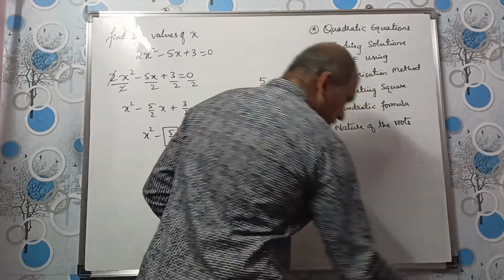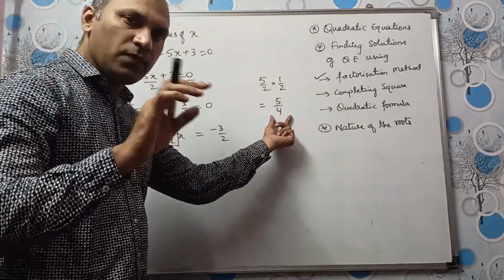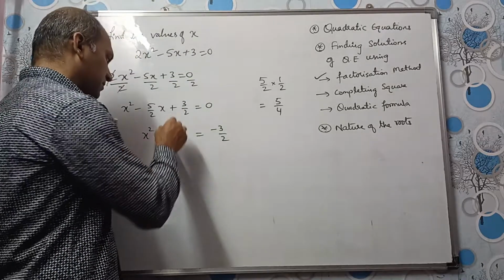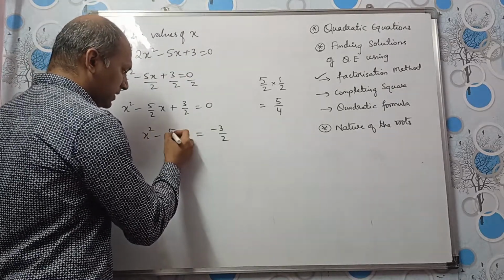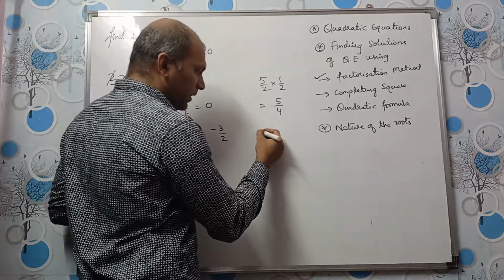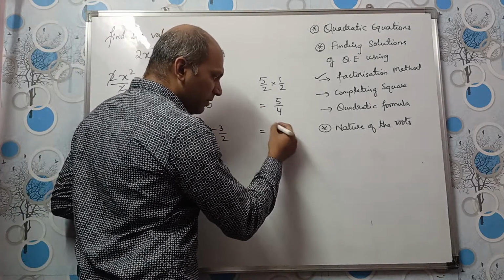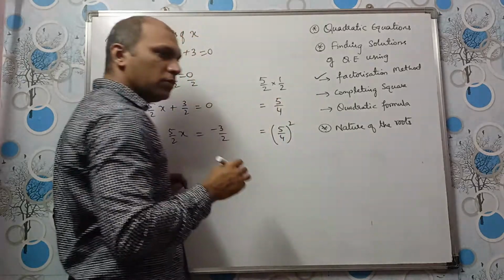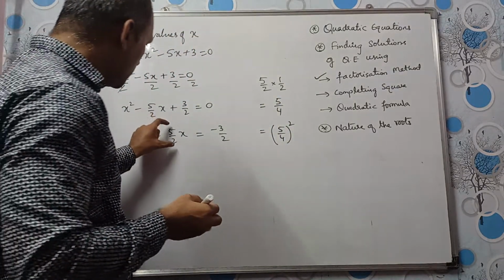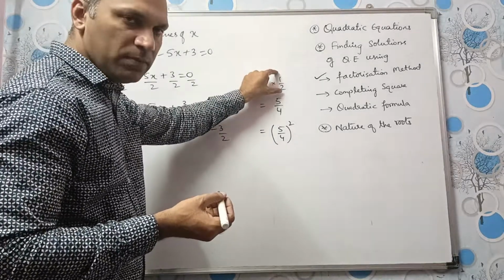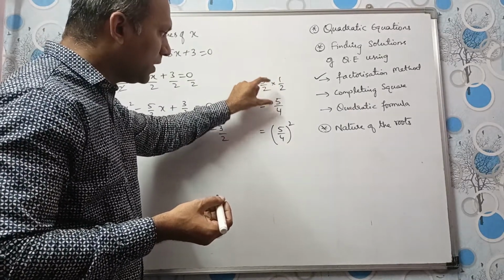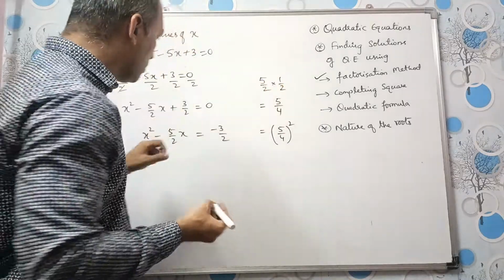Now we should add 5 by 4 whole square on both sides. See, this is minus 5 by 2x. Just follow along. What should we do? We should take the coefficient of x, 5 by 2, multiply by 1 by 2, it will be 5 by 4, and add this square on both sides.